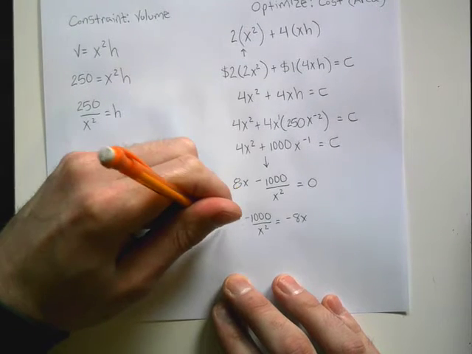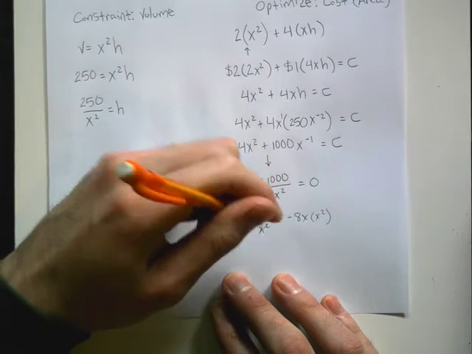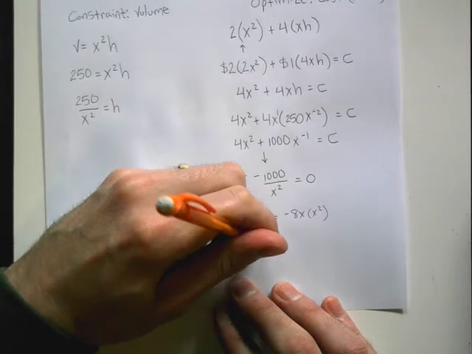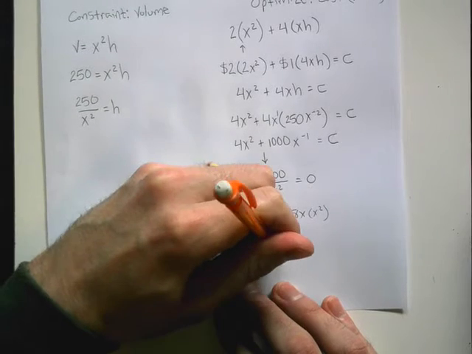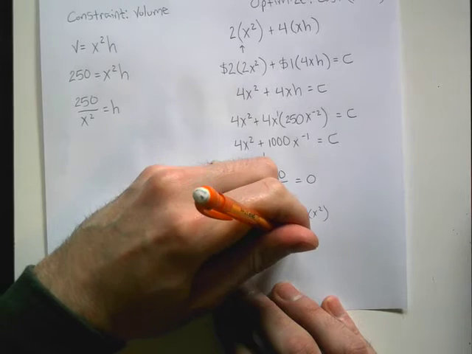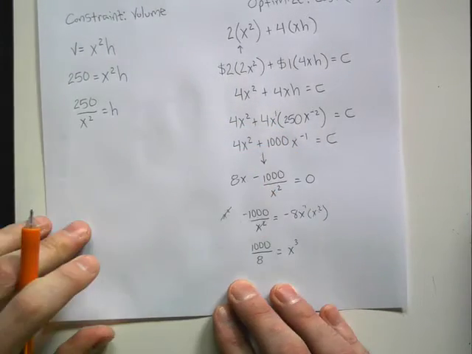By the time you multiply both sides by x squared, if I just bring my 8 over to the other side, I'd have 1,000 over 8 equals x cubed, right? Because if I add these two exponents together, I get x cubed.